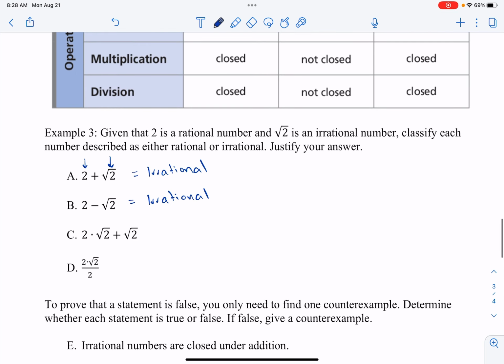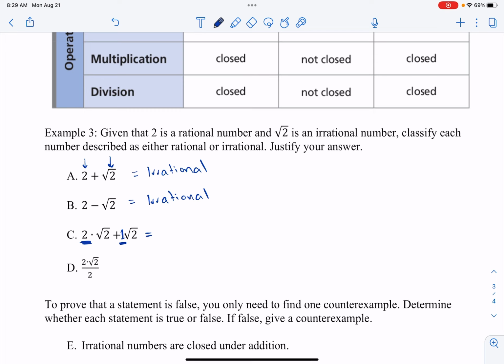Okay, the next one. Here I have 2 times the square root of 2 plus the square root of 2. So I'm adding another root 2 to it. I'm going to think of this as 1 root 2, and this is actually 2 of them. So I have 2 of them plus 1 more.